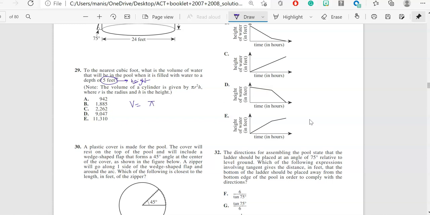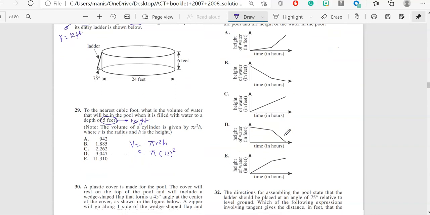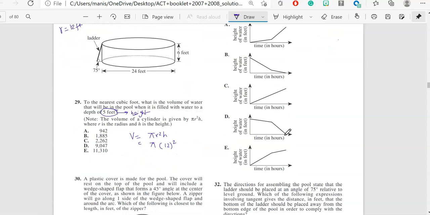Here r is 12, since the diameter is 24, and h is 5. When you type this in your calculator, you end up with approximately 2262. So option C is the correct answer choice for this problem.